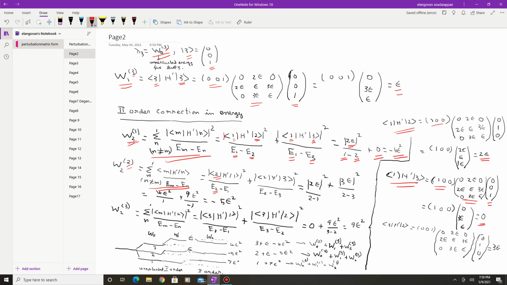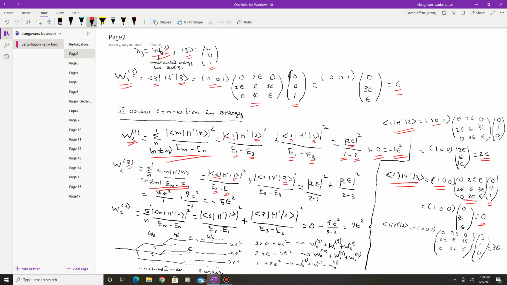So the first value is 1, and the energy is E1. The other value, since it should not be 2 because n and m must be different, I have to choose 3.